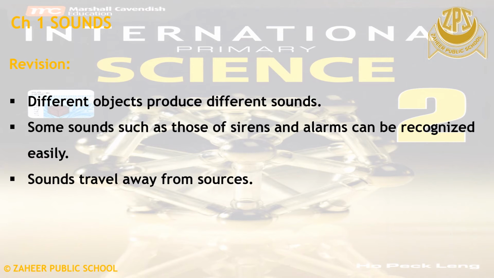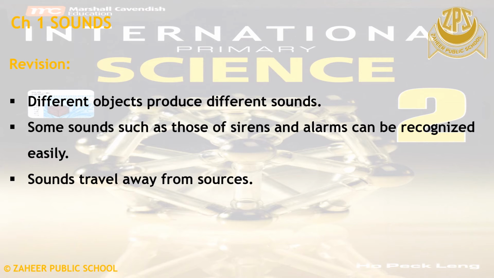Okay, students, what you have learned today: we have learned that different objects produce different sounds, like animals produce different sounds, different birds produce different sounds, we humans produce different sounds, and even machines produce sounds. And we can easily recognize different types of sounds.